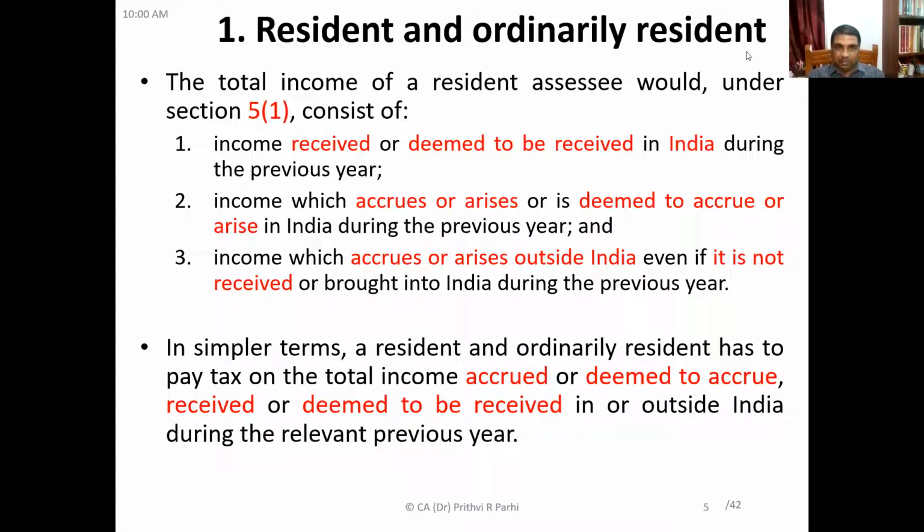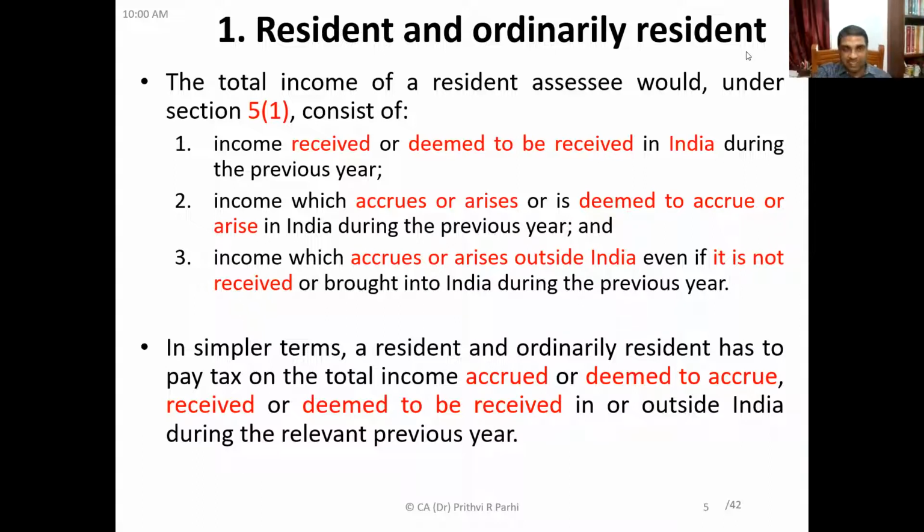Third thing is income which accrues or arises outside India, even if it is not received or brought into India during the previous year.